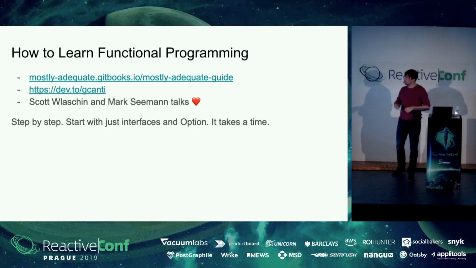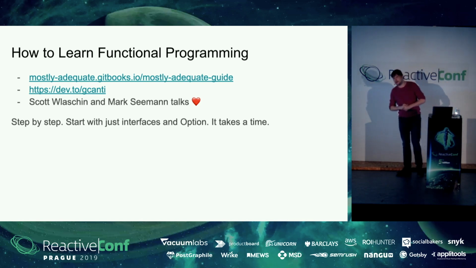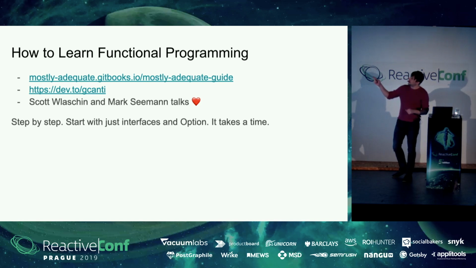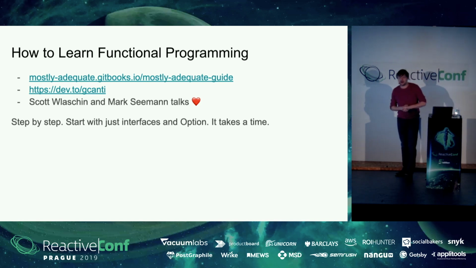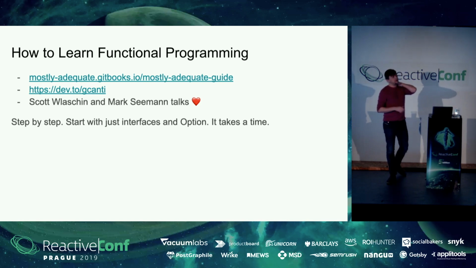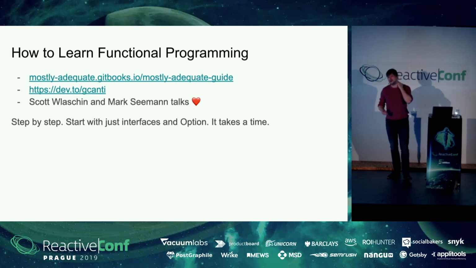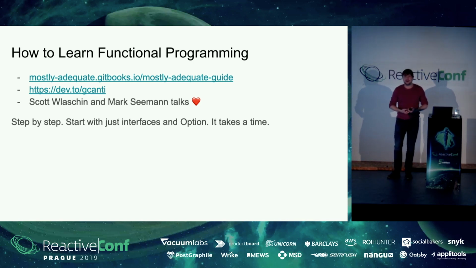One book, several blogs, and I highly recommend talks from Scott Wlaschin and Mark Seemann. They are using F#, but it's almost the same for TypeScript, which was quite an interesting realization for me. I always tried to use Elm or OCaml or Haskell, and we don't need it.